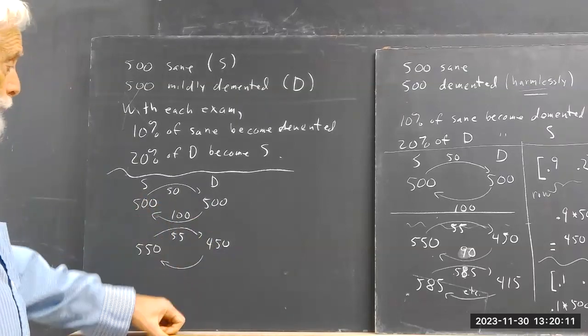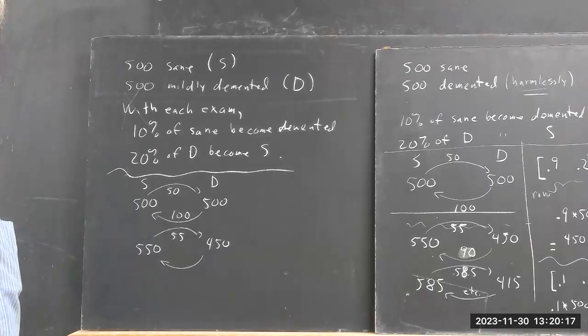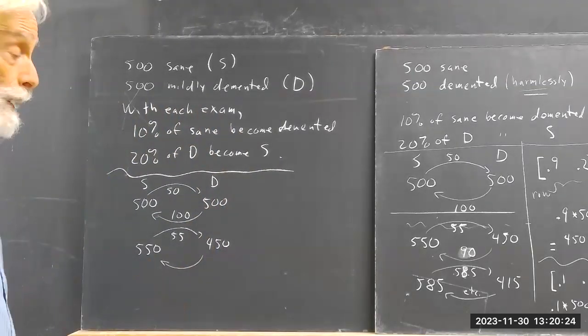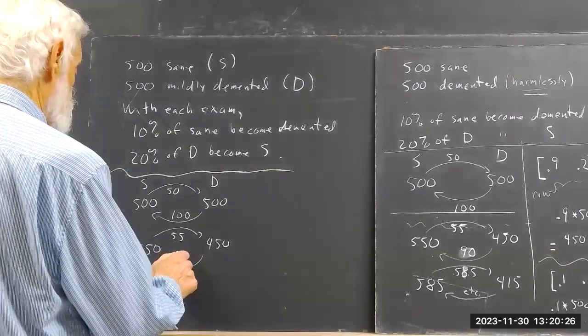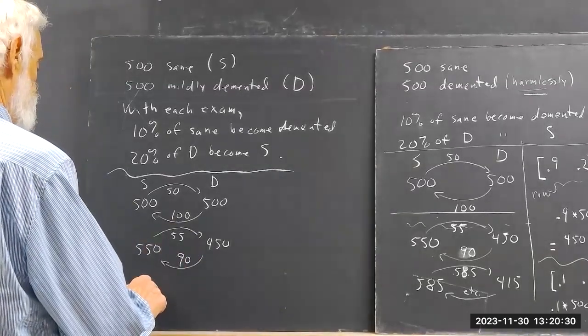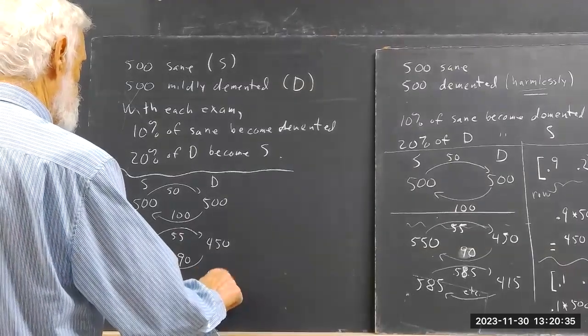Okay. 20% of 450. Well, what's 10% of 450? 45, right? What's twice that? What's 45 and 45? It's 90, right? And if you add these numbers up, you find that you have then 585 here and 415 here.